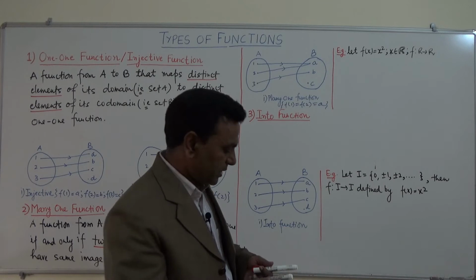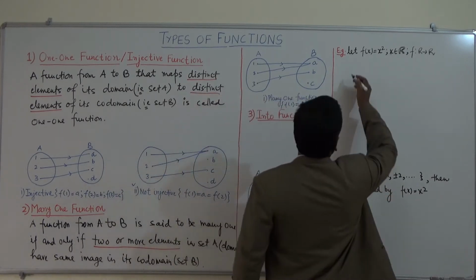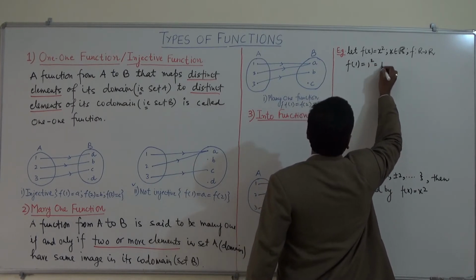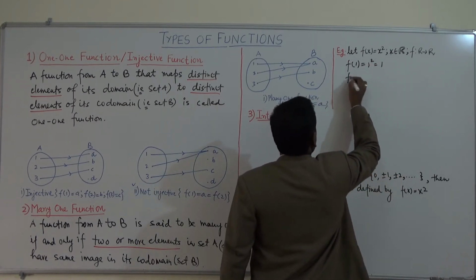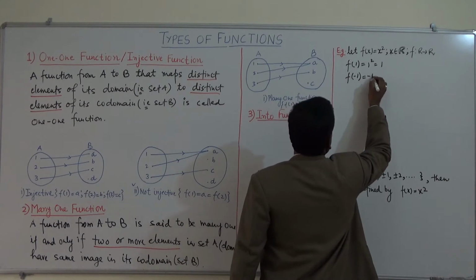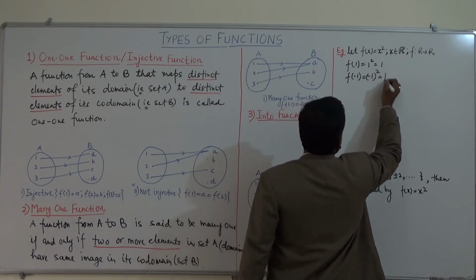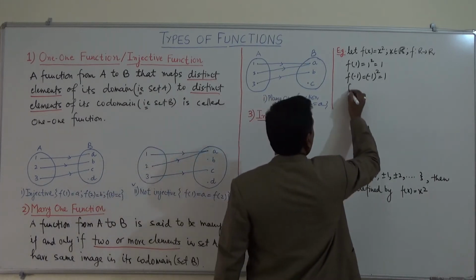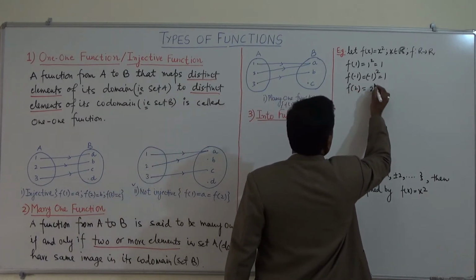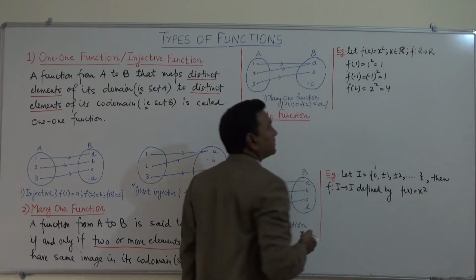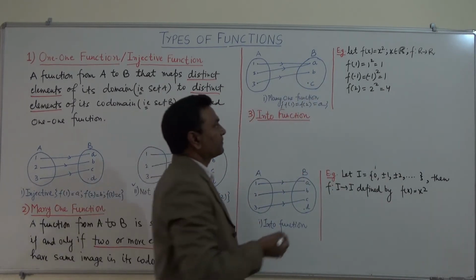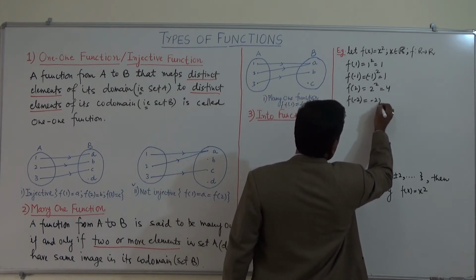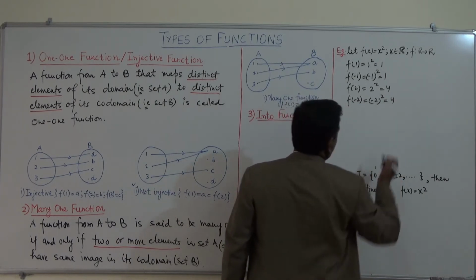Let us see how. f(1) is 1 square, which equals 1, and f(-1) equals (-1) square, which is also 1. f(2) is 2 square, which is 4, and f(-2) is (-2) square, which is also 4.